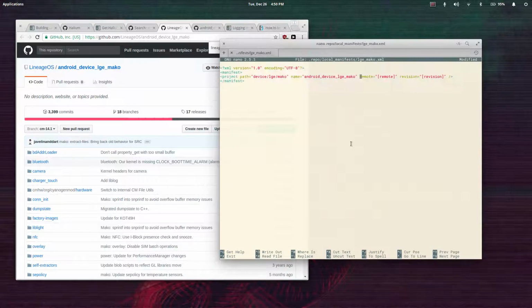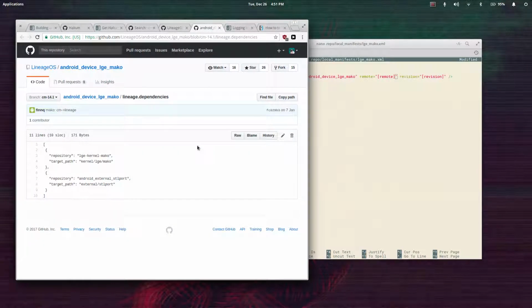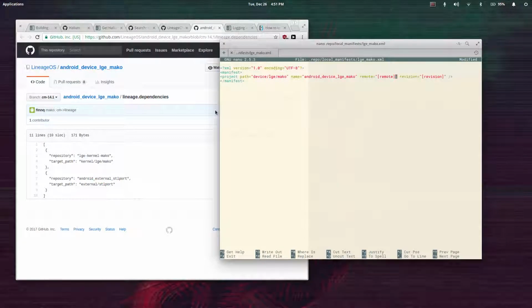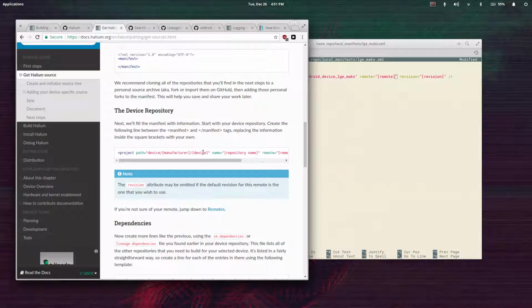So I was planning on just working on this for an hour and then uploading that. The fuck? What the fuck? What's the revision? What's the revision though?